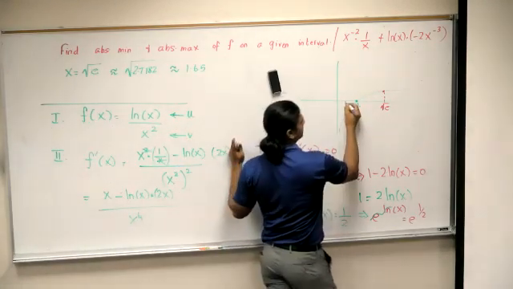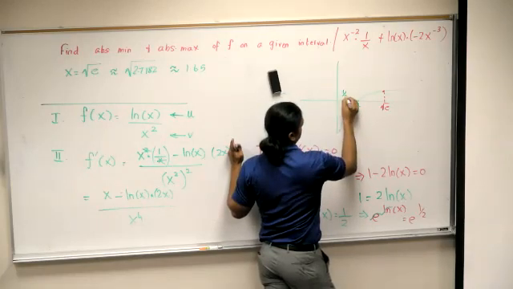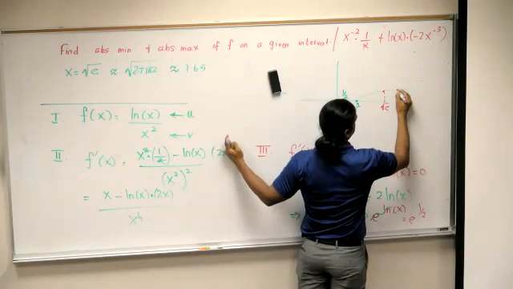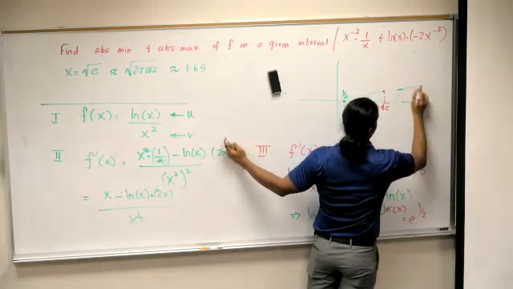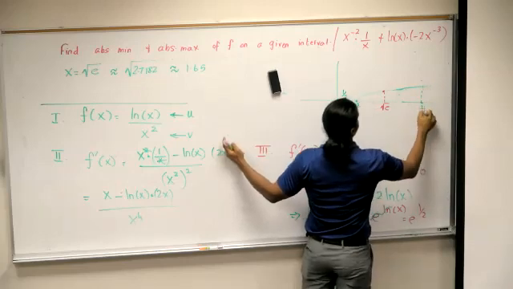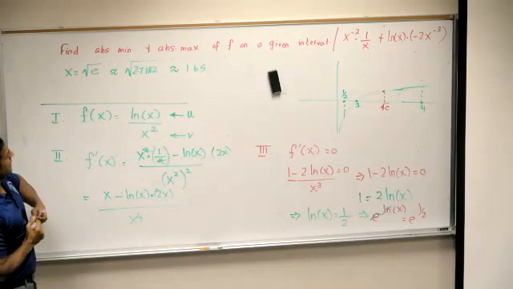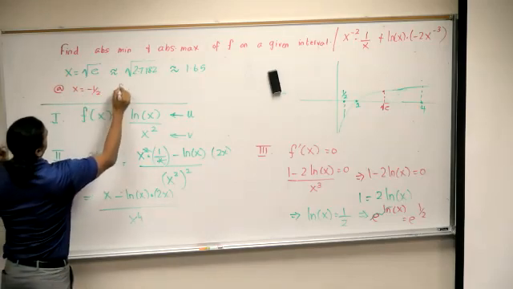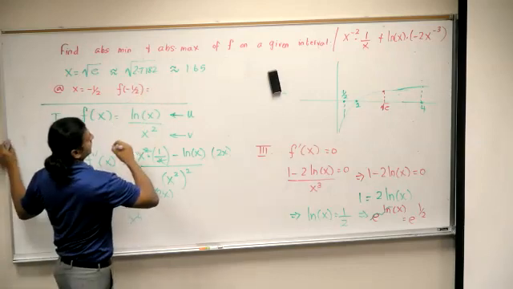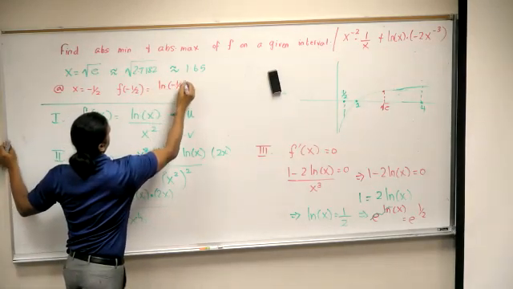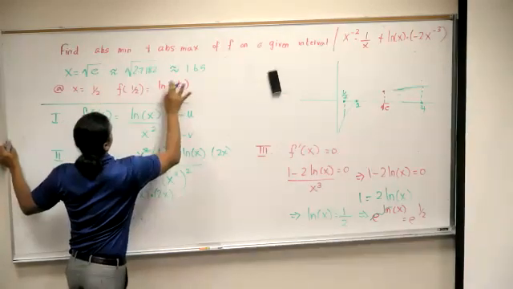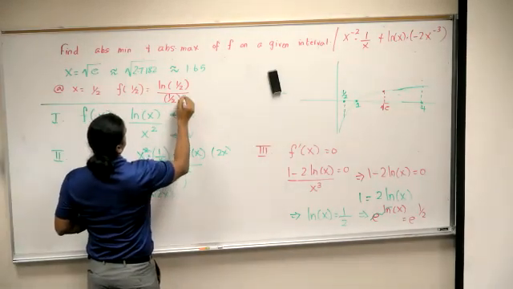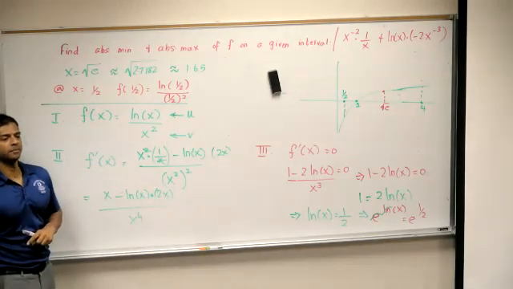So in the problem, it was 1/2 and 4. When I plug in 1/2, I'm going to get a negative number, divided by 1/2 squared. 1/2 squared is simply 1/4.